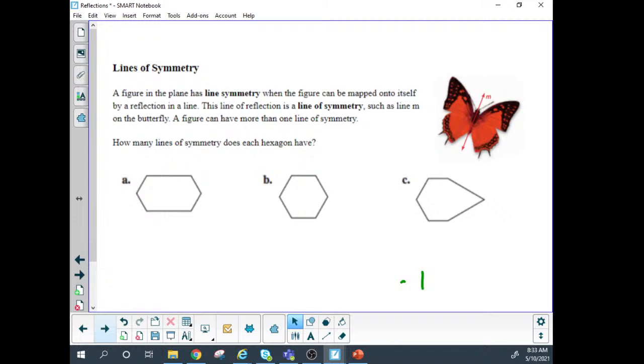Is that true? I think there's a name for it in biology. Anybody know? Anyway, a figure can have more than one line of symmetry. That's cool. How many lines does each hexagon have?